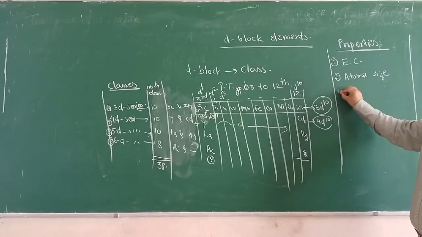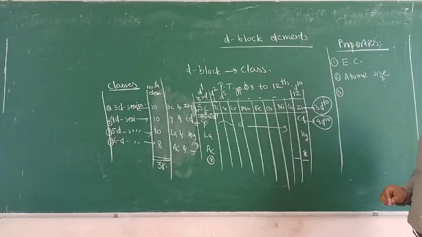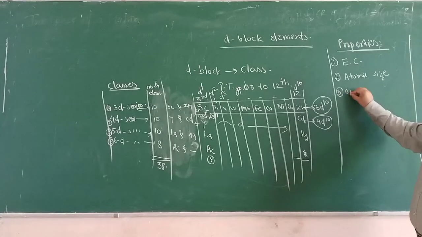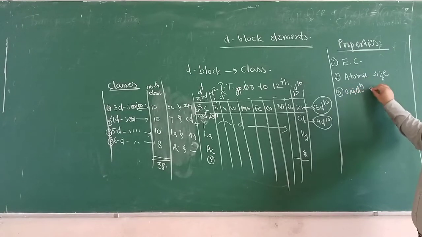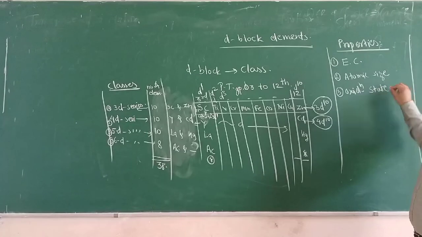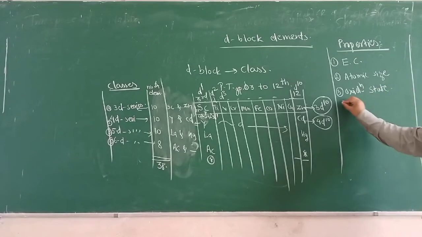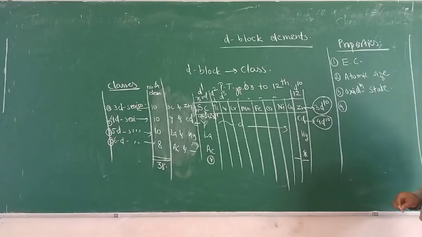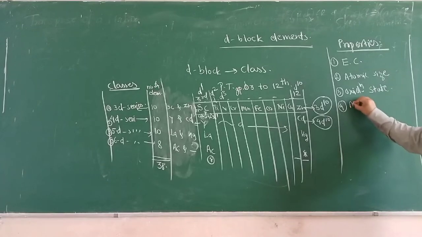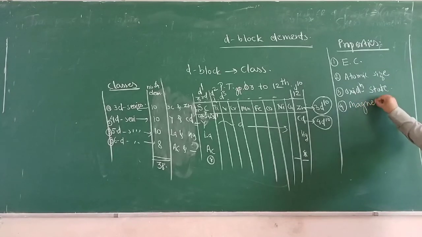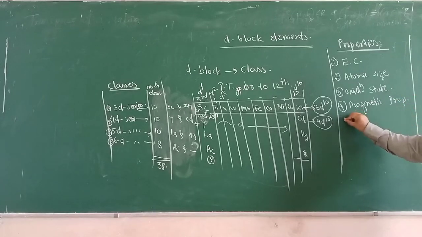Third property, that is the variable oxidation state of the d block elements. Next the fourth property, that is the magnetic property of d block elements.